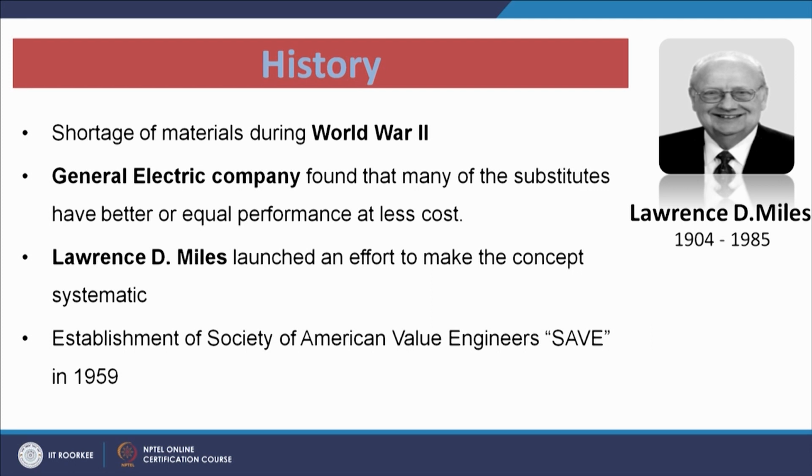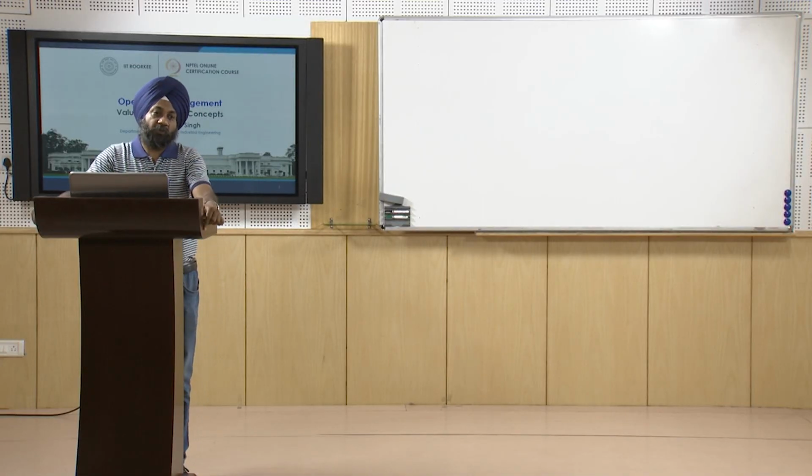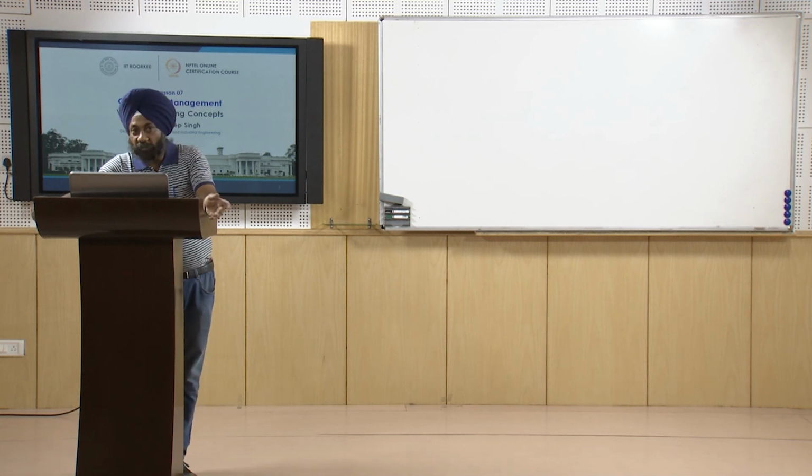Now the first word that we have to focus on till now is the substitutes. There was shortage of material during the war, their defense equipment gets damaged because of one reason or the other reason. You have to substitute it with a different equipment.